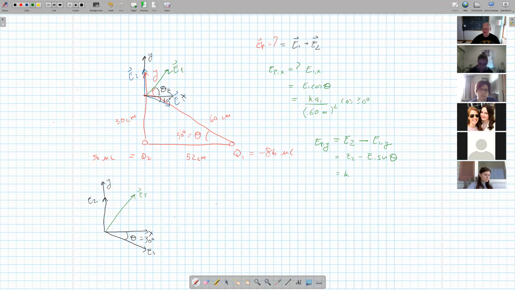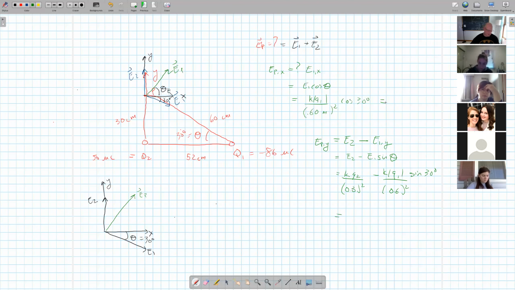So this is K times Q2 divided by that distance, 0.3 meters squared, minus K times the absolute value of Q1, divided by that distance, 0.6 quantity squared, times sine of 30 degrees.